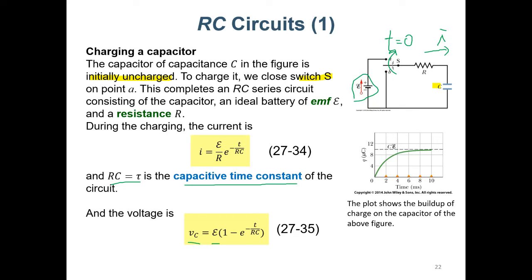VC will be E times 1 minus e to the minus t over RC power, which means that when t becomes larger and larger, e to the minus infinity will be 0, which means that VC will approach E when t is very large.